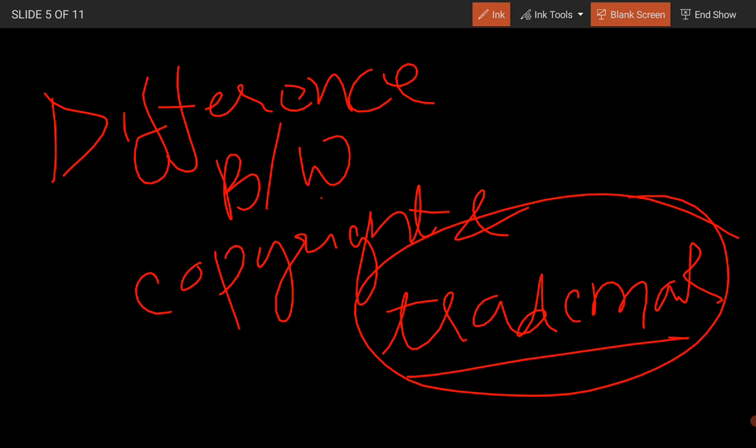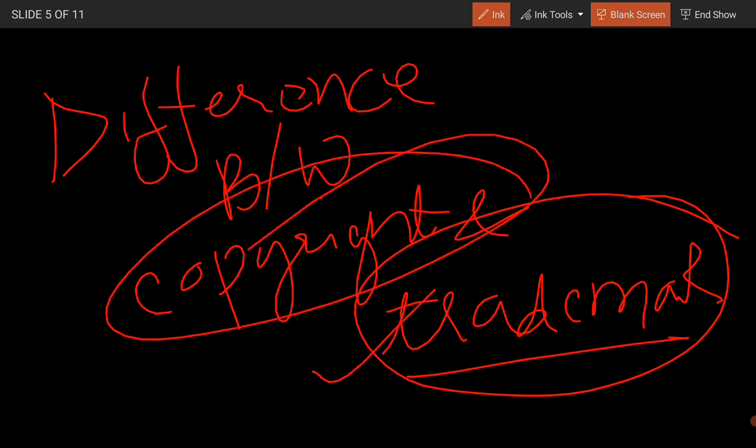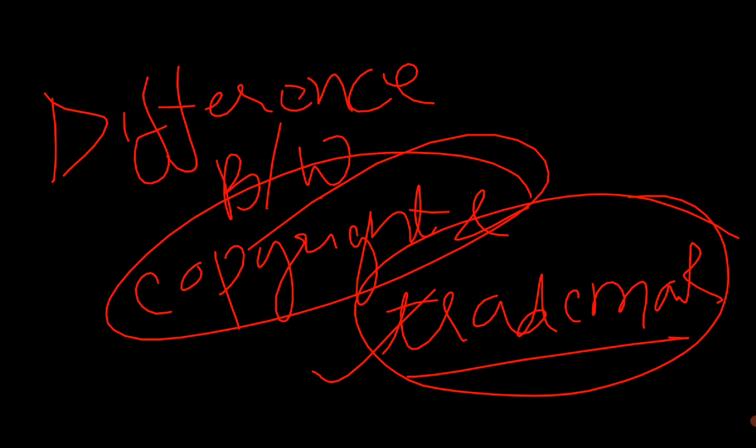After its first use, the trademark is protected, but copyright is protected as soon as the work is invented. So this is the basic difference between copyright and trademark.